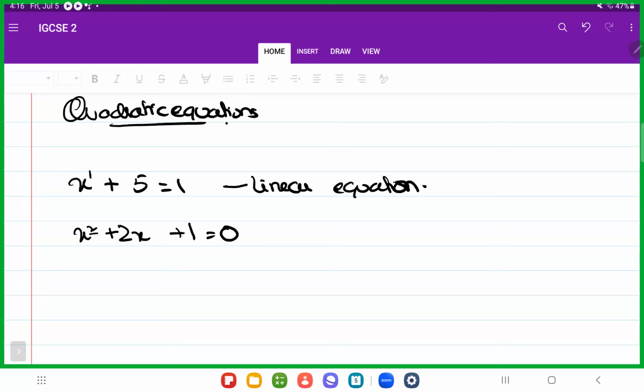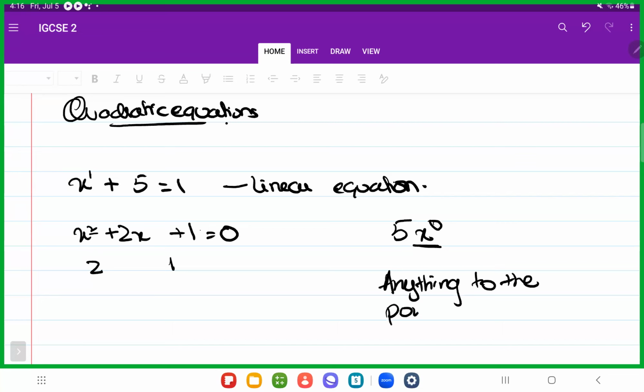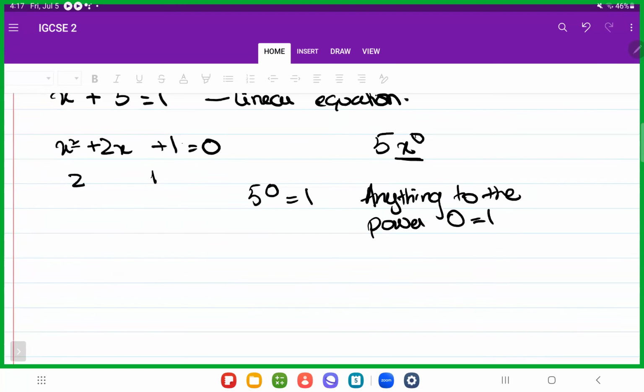If there is no x written, for example, if there is a constant written, for example, 5, I can write this as 5 times x to the power 0. Basically anything to the power 0 is equal to 1. For example, 5 to the power 0 is equal to 1, 6 to the power 0 is equal to 1, and x to the power 0 is equal to 1.